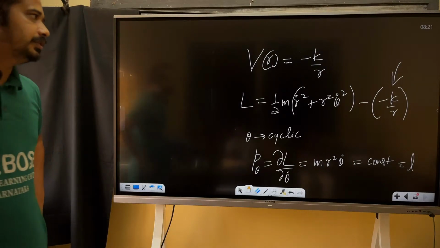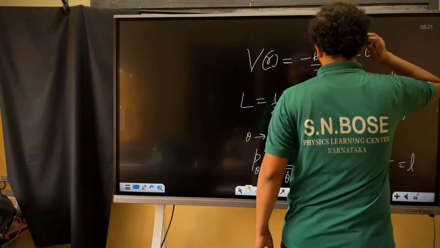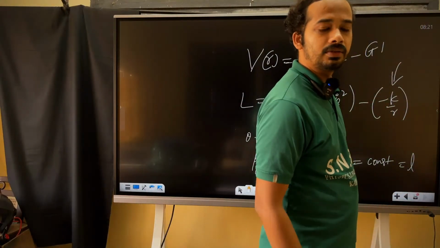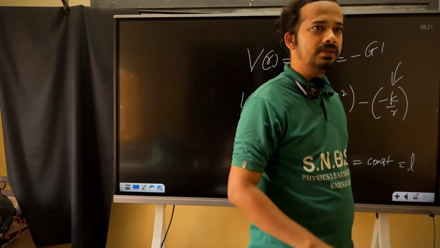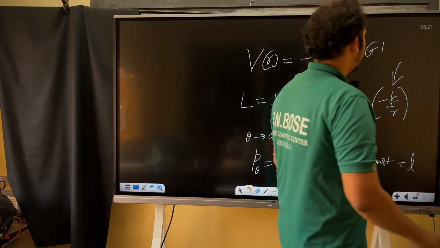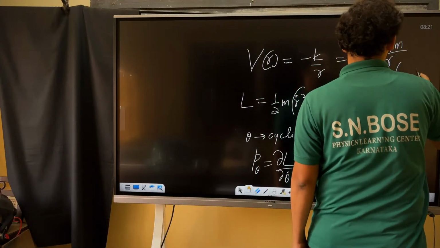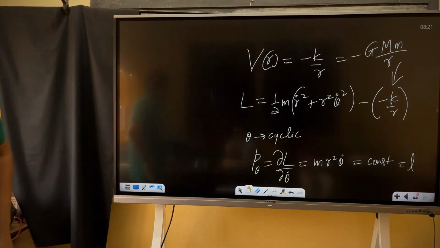He changed G, this is the one, minus G. What did he take, satellite and sun, or satellite and earth? Satellite and earth actually. Mass of the earth, mass of the satellite divided by R, am I right?